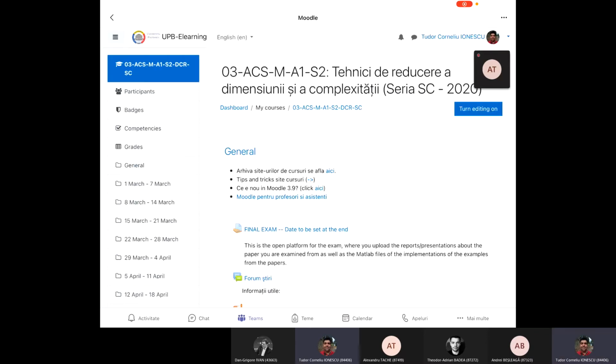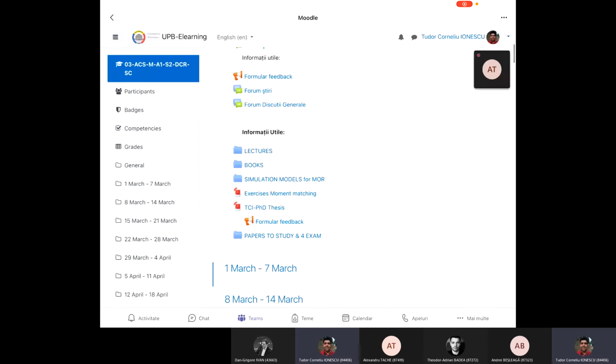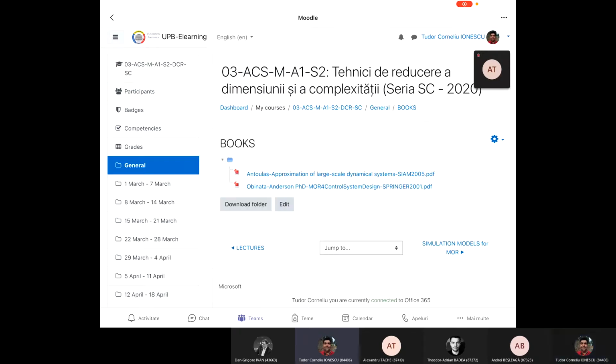So I'm going to show you a little bit about the Moodle of the class. This is the Moodle of the class. It's got a lot of material from last year, which I'm going to rearrange quite soon, and you keep following these things. So you've got lectures, you've got books here, as you can see. We open the books folder, and we can find here a couple of books which I downloaded for you.